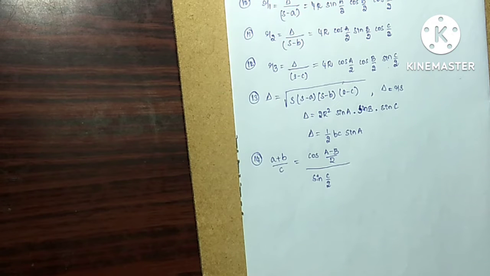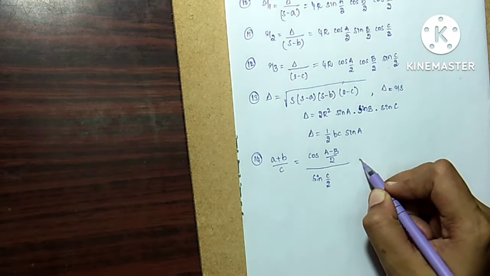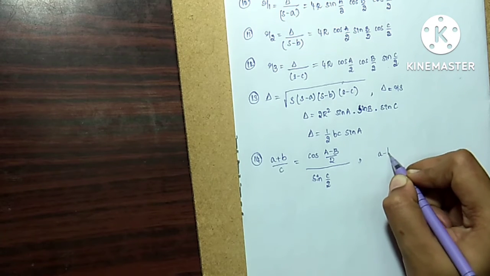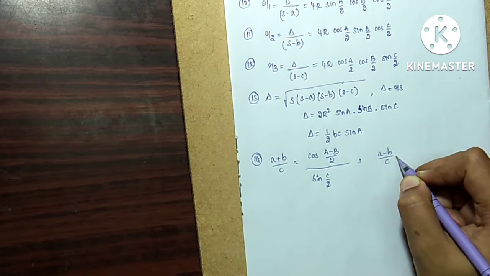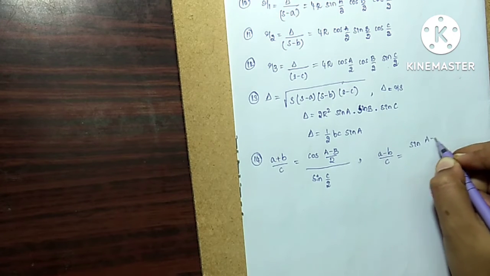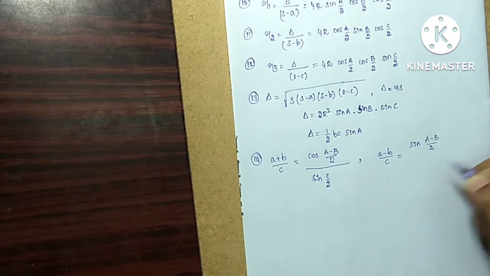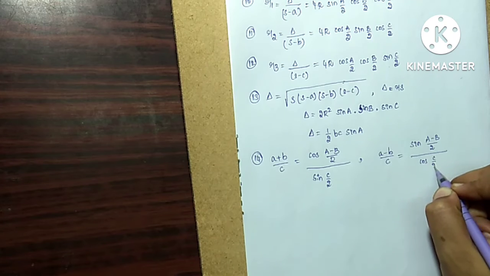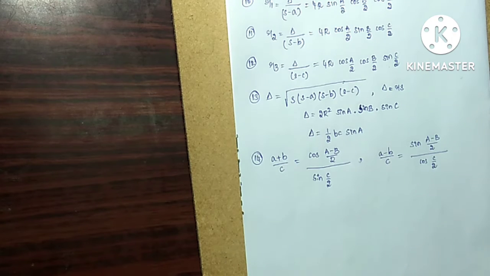This is the most important formula in JEE Mains and also for MHT CET exams. So don't forget to check this formula. Next, another formula is (a minus b) by c is equal to sine of (A minus B) by 2 by cos of C by 2.